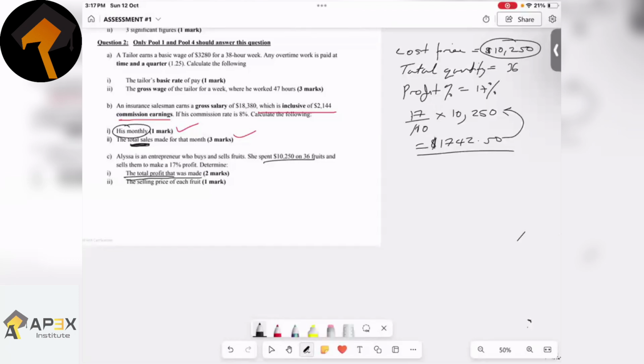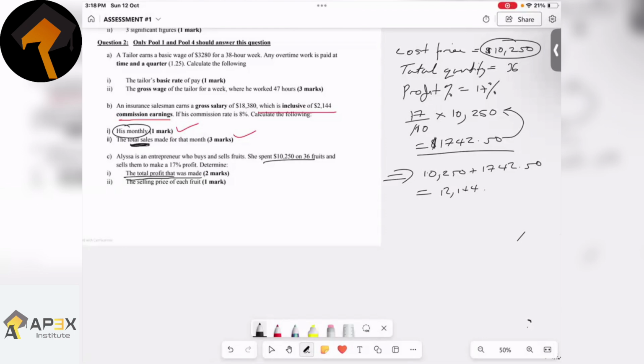So now, for this part of the question, you'd have to add 10,250 to $1,742.50. And when you add those together, you're going to get... well, I'm not sure.